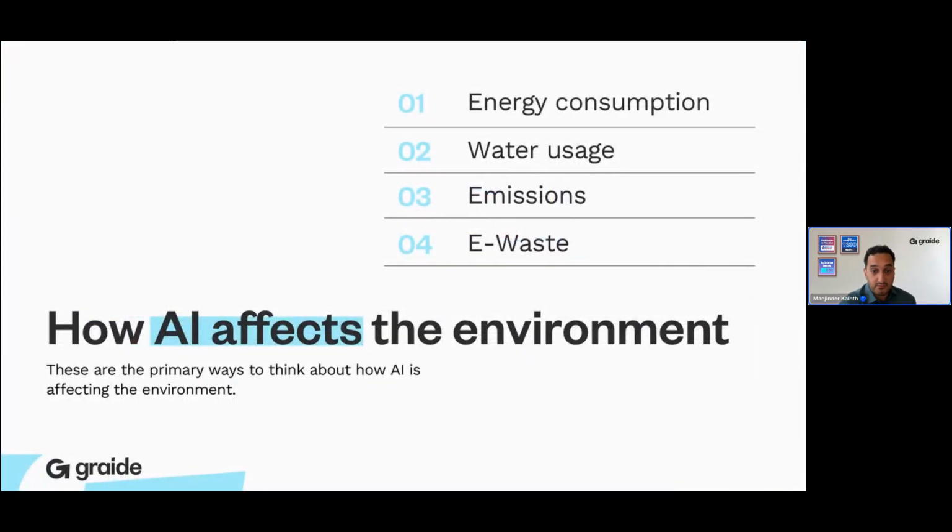So, in my opinion, there are 4 ways that artificial intelligence affects the environment. The first is energy consumption. Energy consumption is quite important because effectively these models run on computers and electrical components.